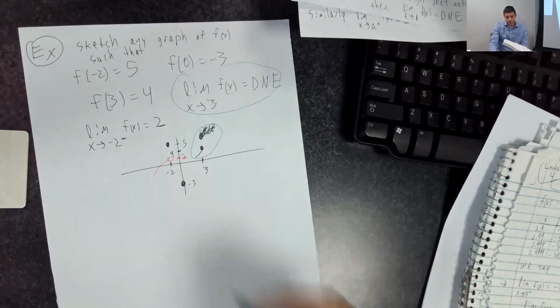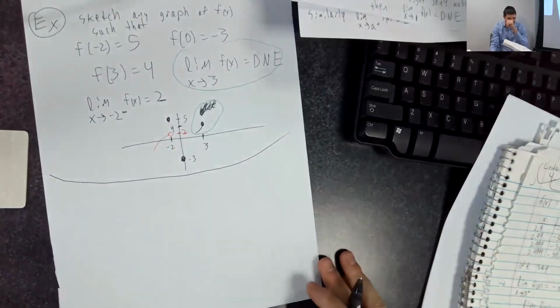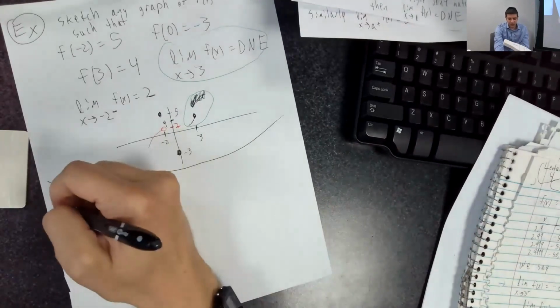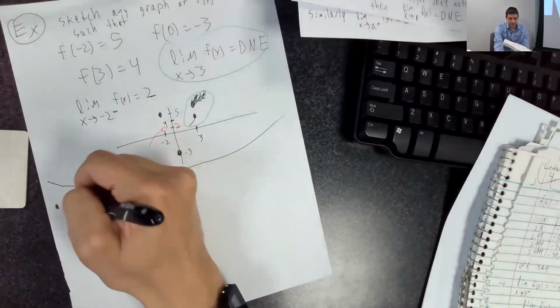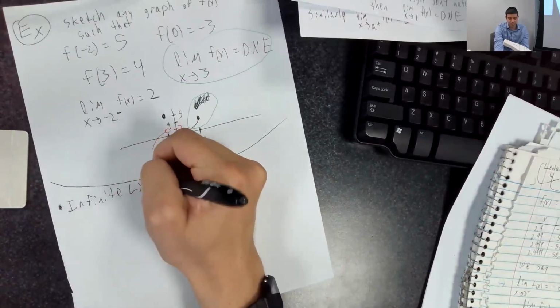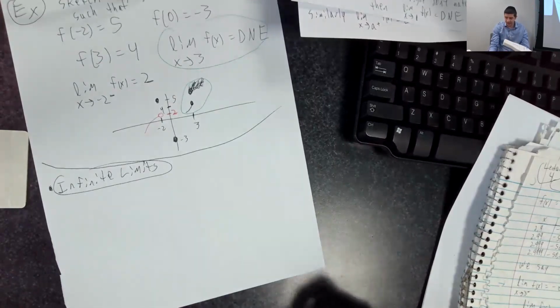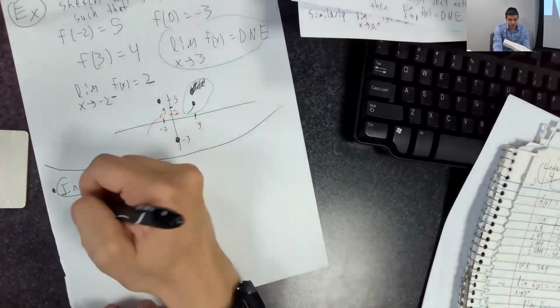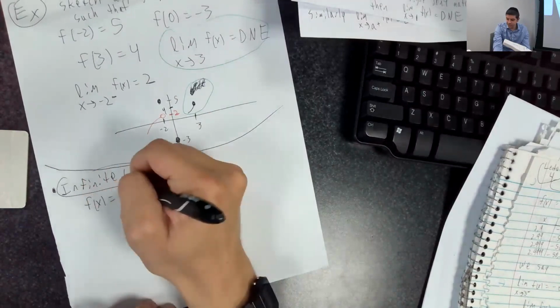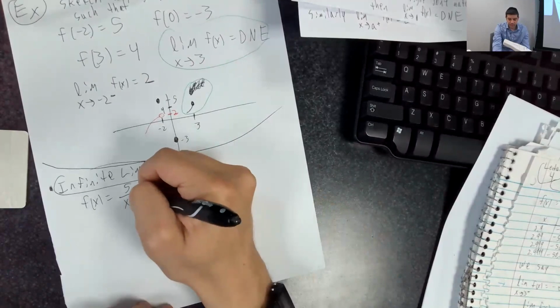Also in this section, we already saw these infinite limits where the y values are going towards infinity. So we could formalize this a little bit. It's not a new section, it's all part of this section. So the infinite limits. F of x is equal to 1 over x minus 3.